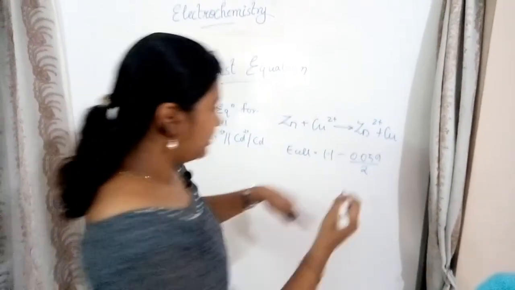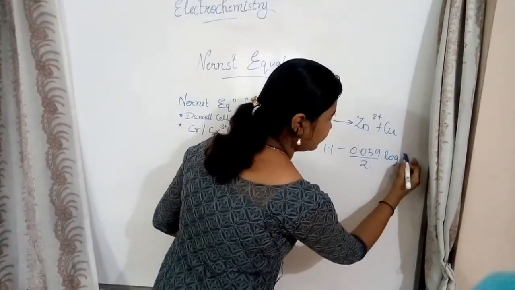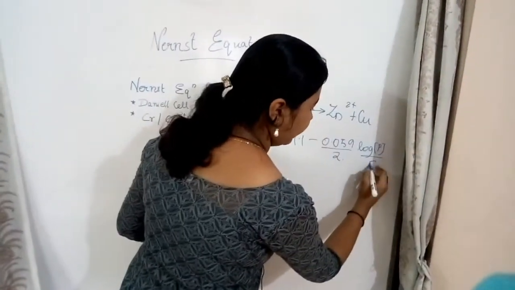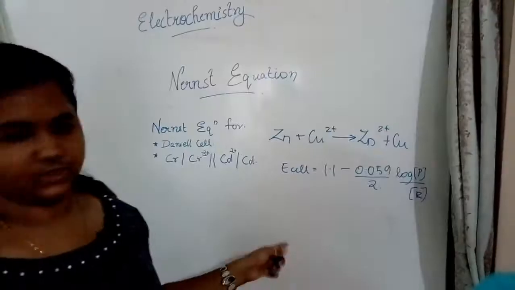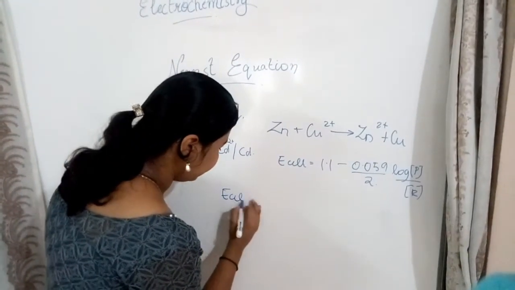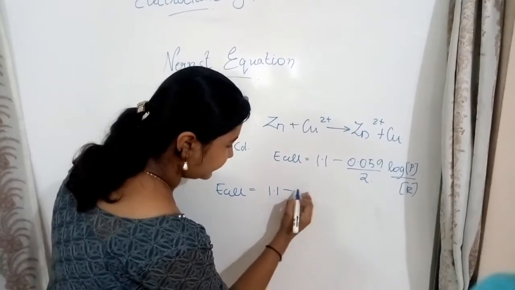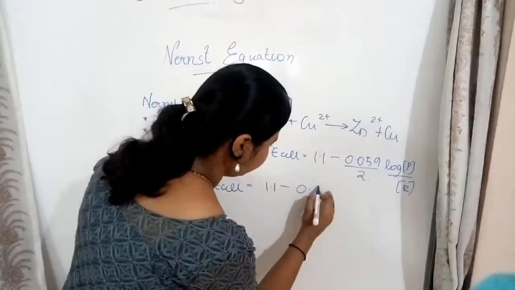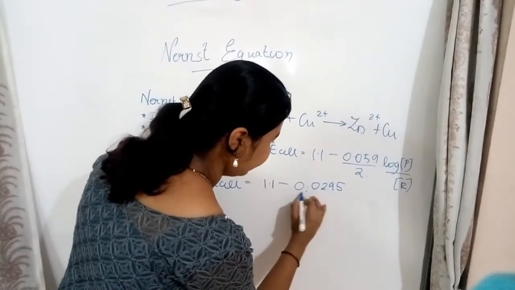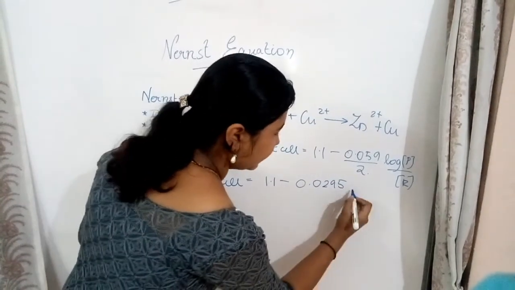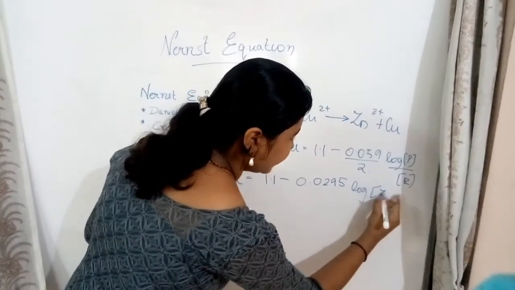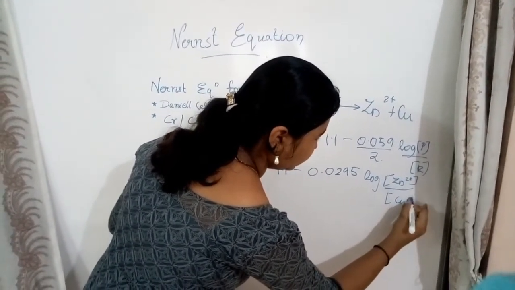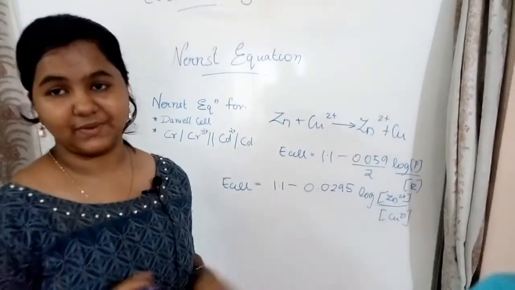And then log of P by R, since there is no stoichiometric coefficient. Now we'll simplify and write it over here. So E cell is equal to 1.1 minus 0.0295 into log of Zn2 plus by Cu2 plus. This is the Nernst equation for the Daniell cell.